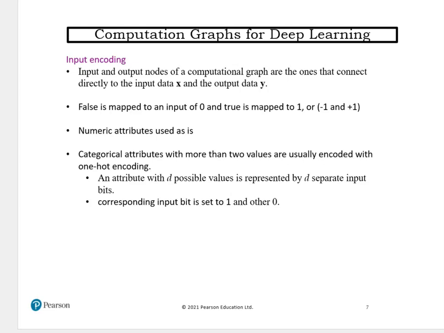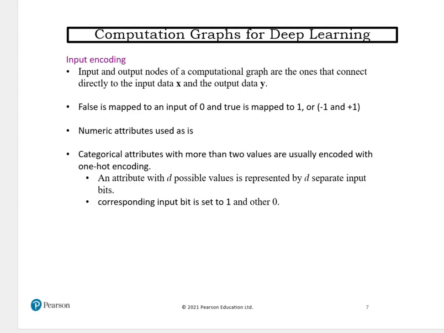Now we look at how to put together a computational graph. We begin with the input layer, which is where the training example x vector, regardless of how many inputs we have, is encoded as values of the input nodes.